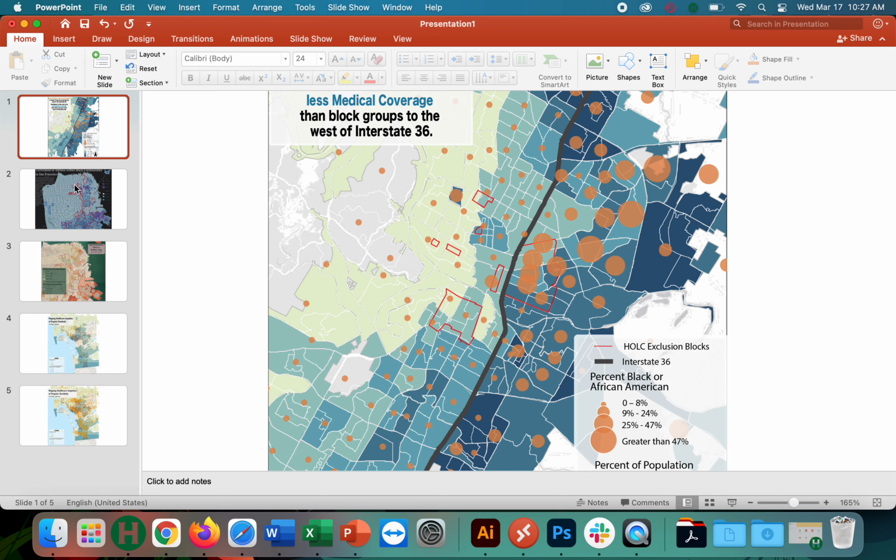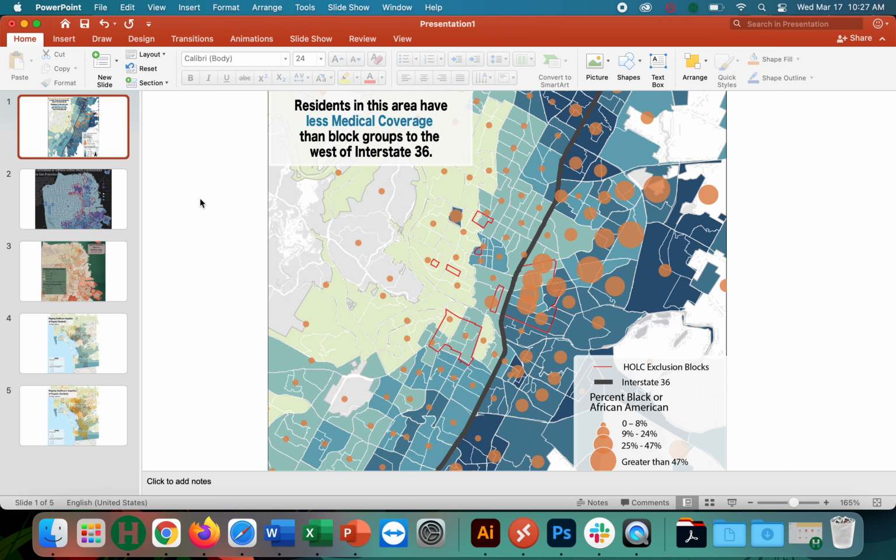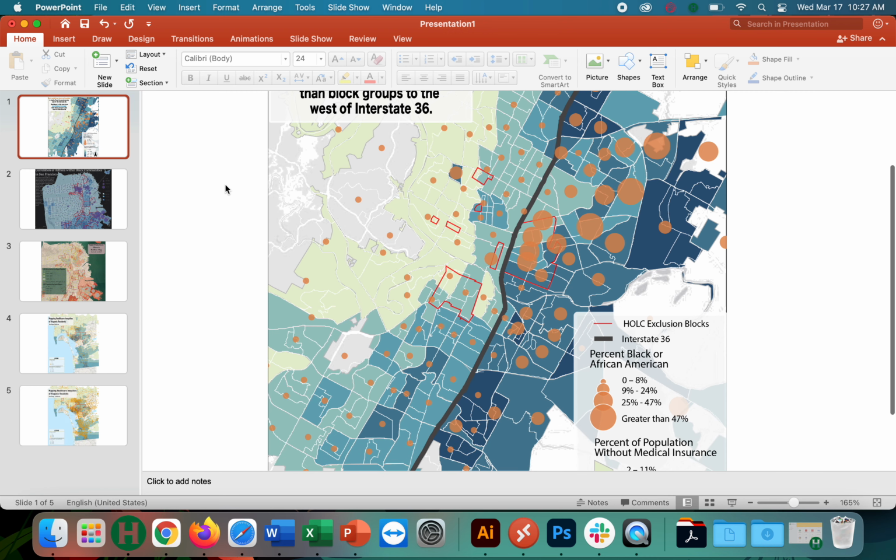So great job with this project in general, this lab in general, and hopefully it helped those of you that are doing research or interested in this type of spatial justice, environmental justice framework to think about how you can use the different data to show that relationship across different geographic scales.